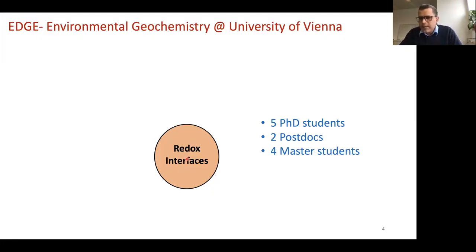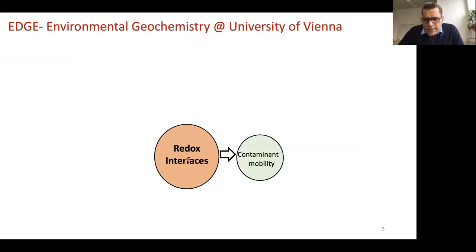In COVID times, it's a pretty good size to keep things running. Coming back to our redox interfaces, we look at contaminant mobility and how these systems impact that. Within that, we look at arsenic, uranium, chromium, and mercury. Those are the projects we have right now on these contaminants.